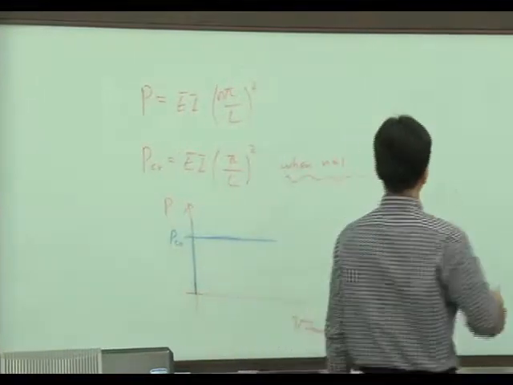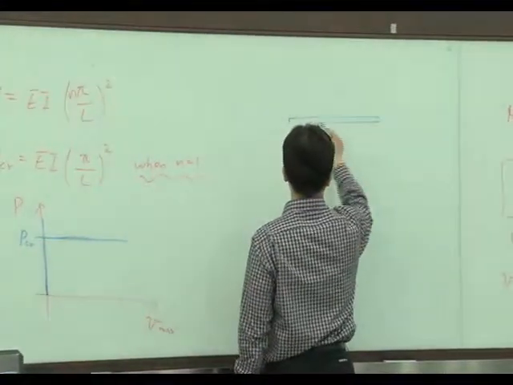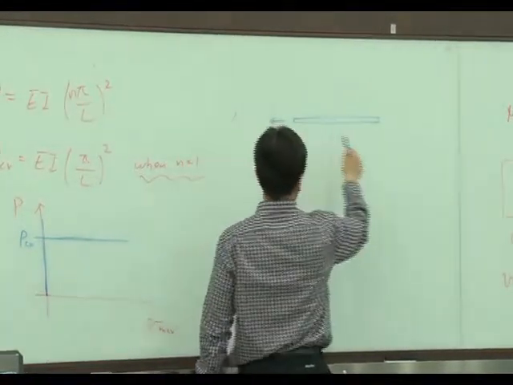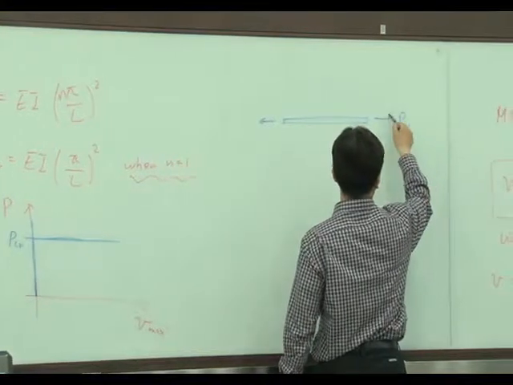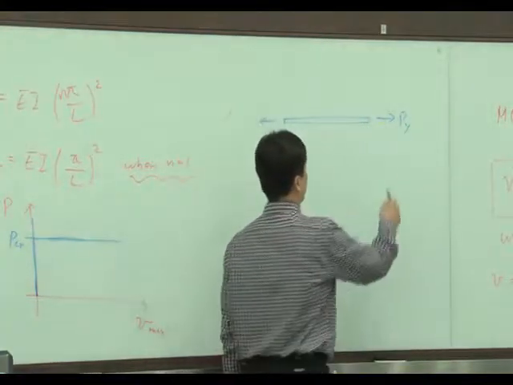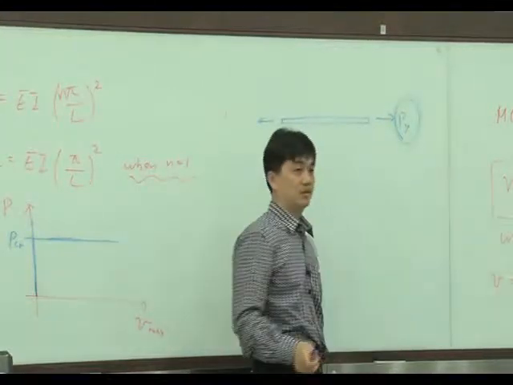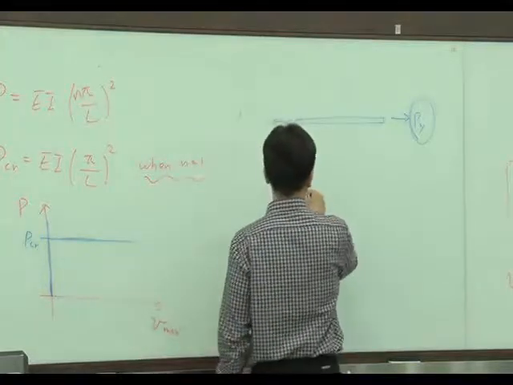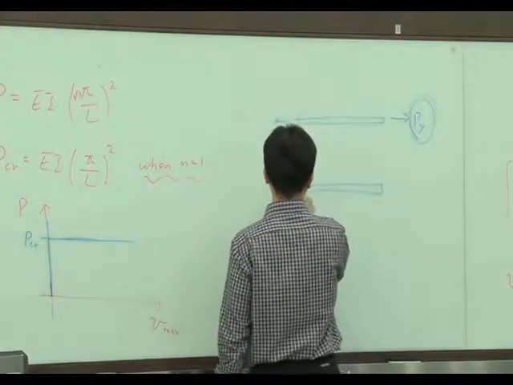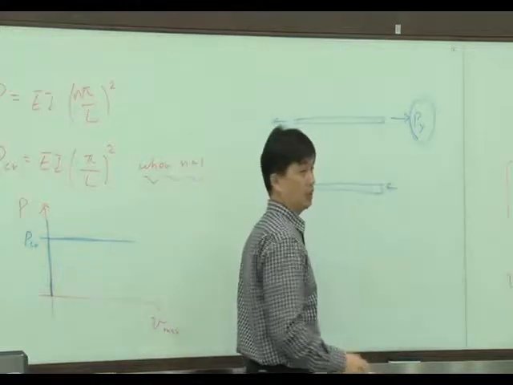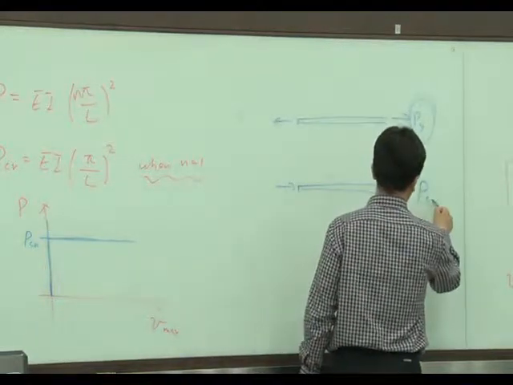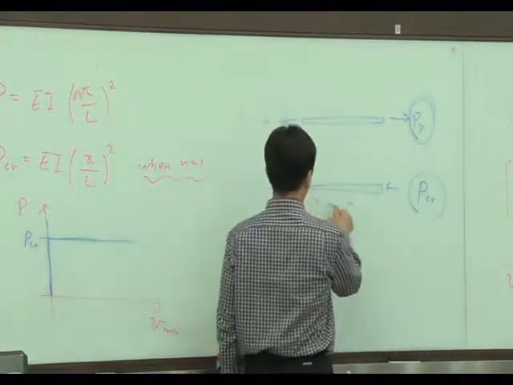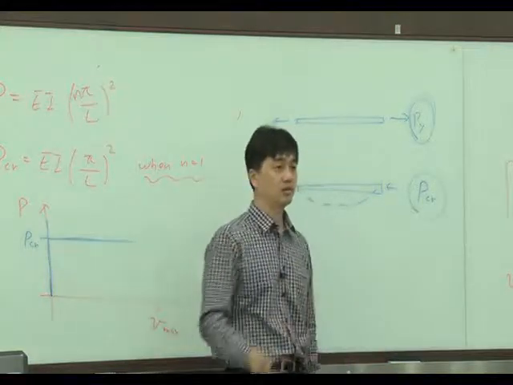So, for example, let's say here we have a slender member. If I pull this member, it fails by yielding, right? Plastic yielding. But when this slender member is compressed, it fails by the buckling load. So it fails like this. So the failure load is different.